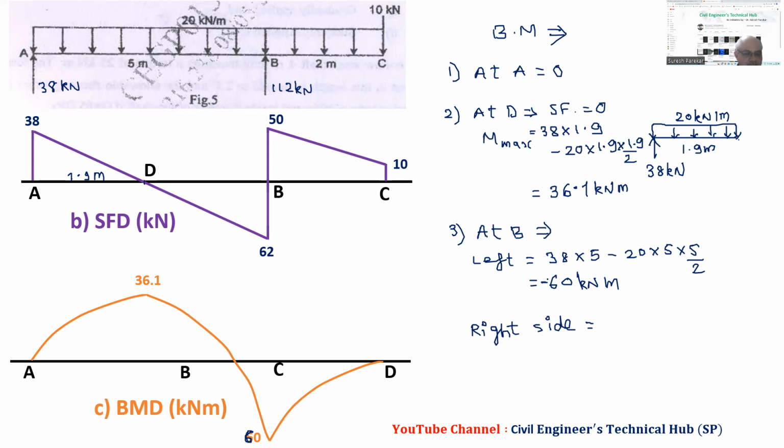So from the right side, we have minus 20 into 2 into 1 minus 10 into 2. This side also we have minus 60. Clockwise on the right side, so minus. You can see we have 20 into 2 at the center, which is 1 meter, and due to 10, we have 20. Likewise, we have this as 60 kilonewton meter at B. So you can find it from left or from right.